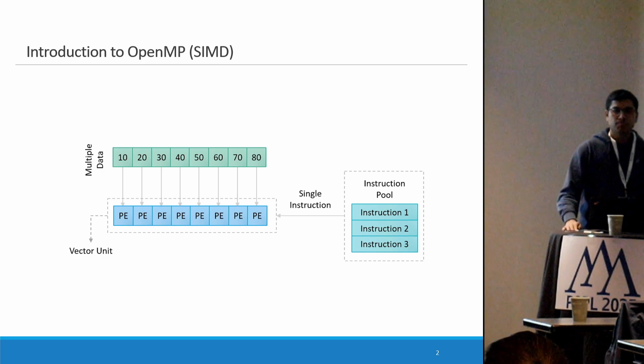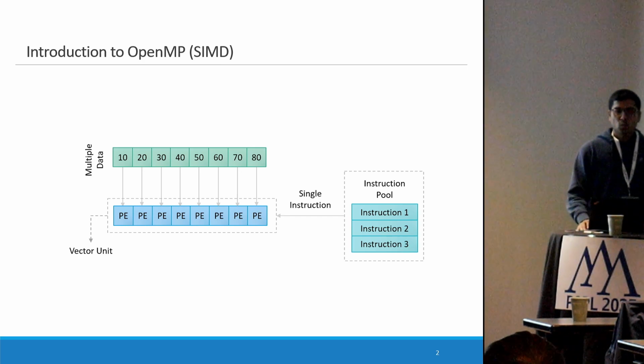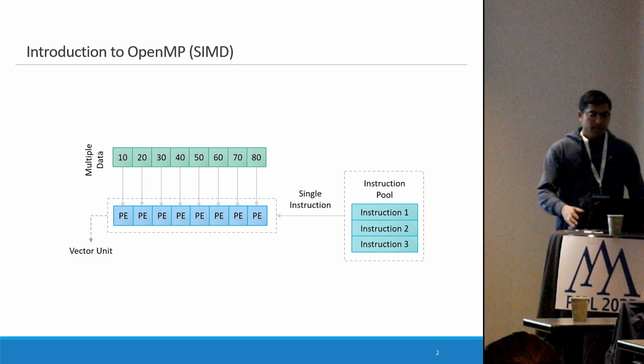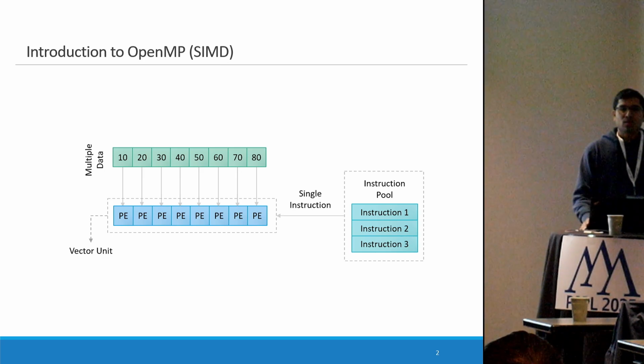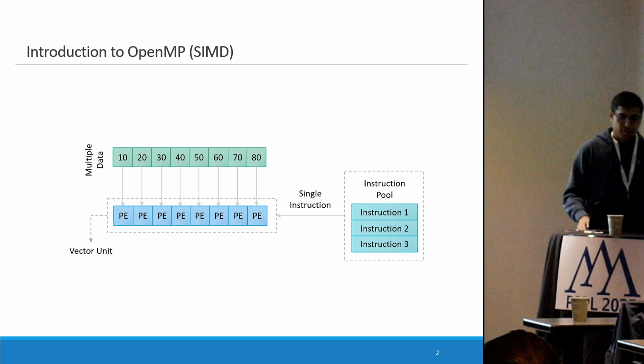That means all the processing elements will be sharing a common memory, and it supports two programming models, SIMD and MIMD. In the SIMD programming model, as we know, the same instruction is executed by all the processing elements, but the data is shared or mapped from the shared memory.